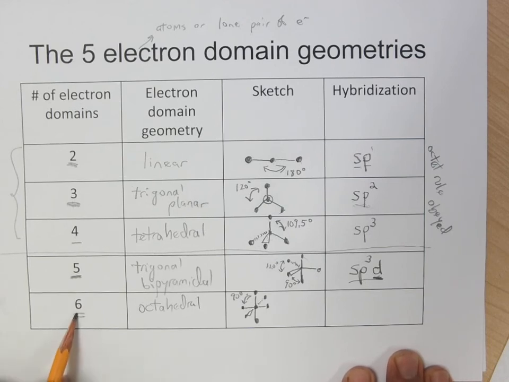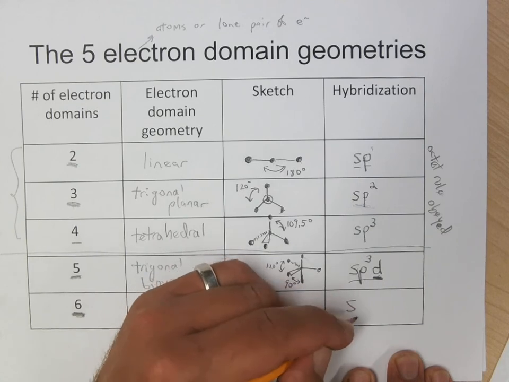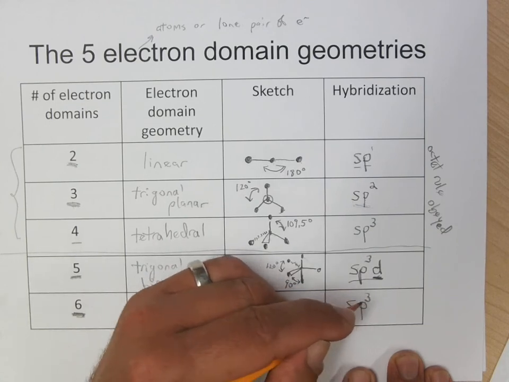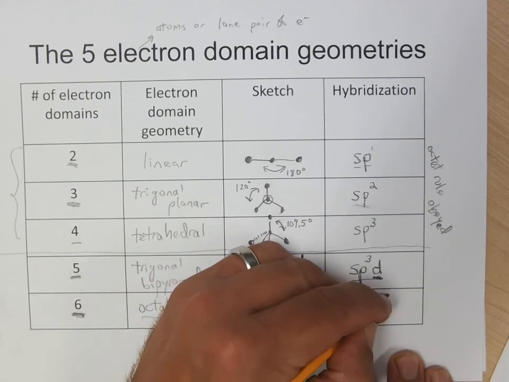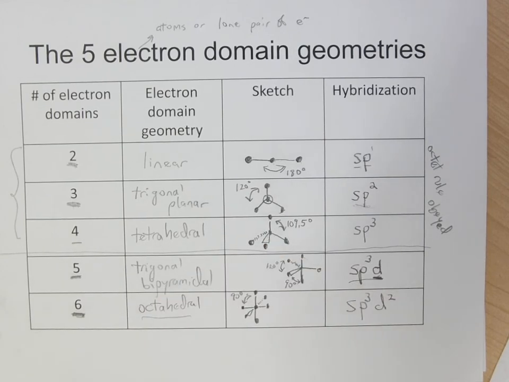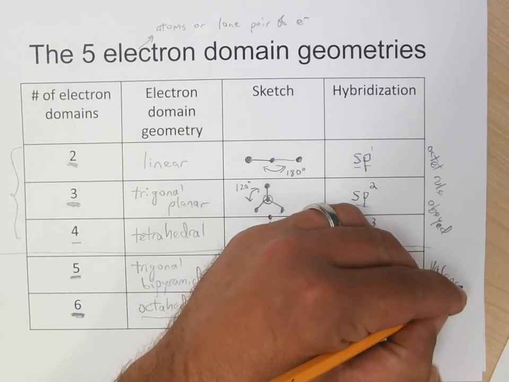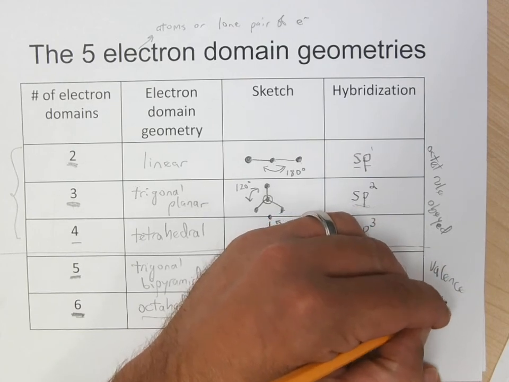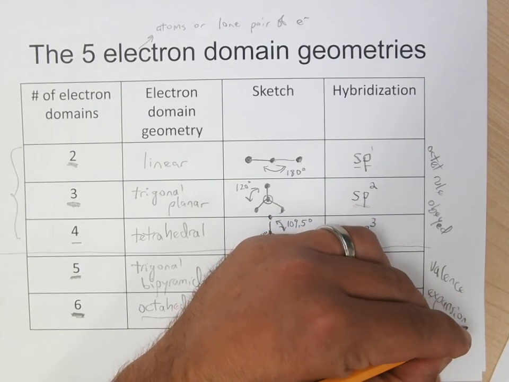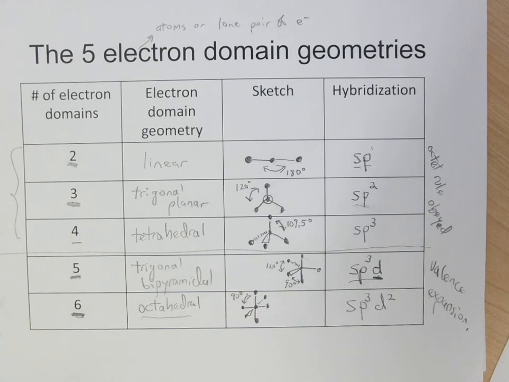And then if you have 6 electron domains in an octahedral geometry, then you go with the s orbital, all 3 of the p orbitals, and 2 d orbitals to accommodate the 6 electron domains. You need 6 orbitals. So these electron domain geometries, when you start using d orbitals and bonding more than 4 things to the central atom, that's when you're valence expanded.